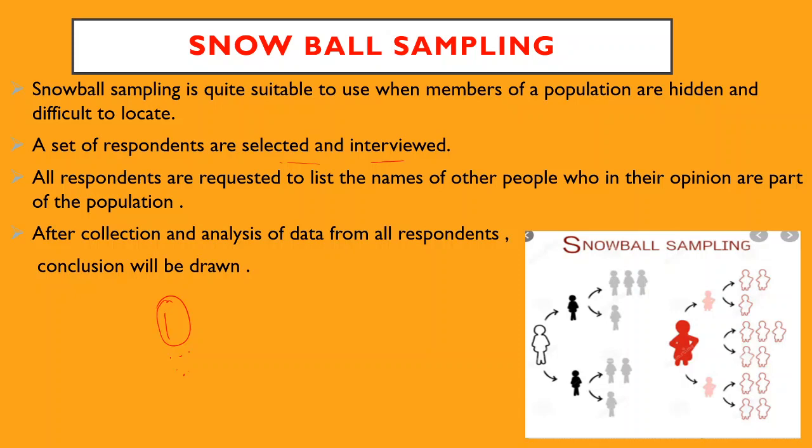This person will say there are persons like this, and we will collect data from these people. Then from there we will get information about other samples, and we will collect information. So this is what snowball sampling.